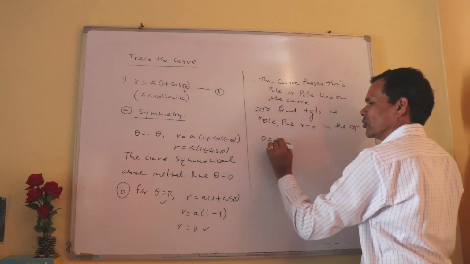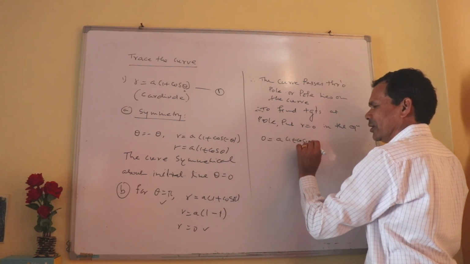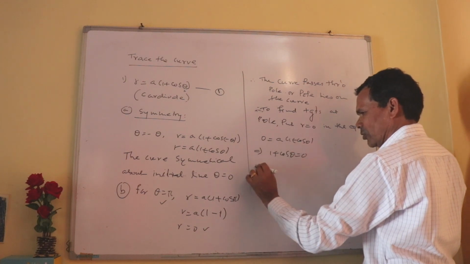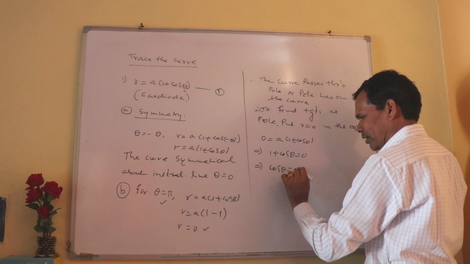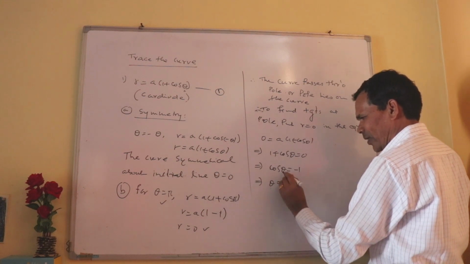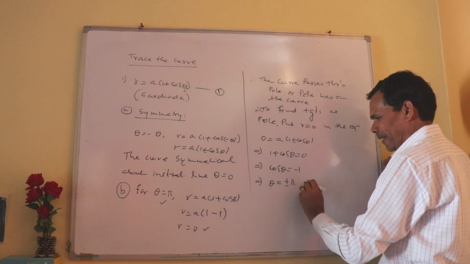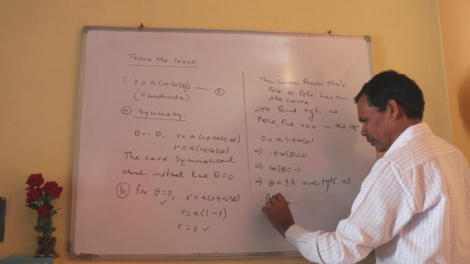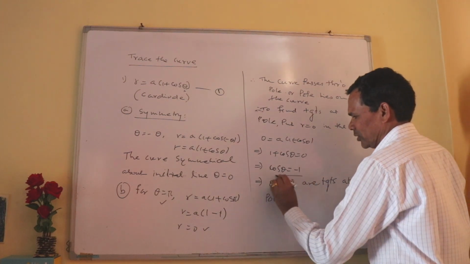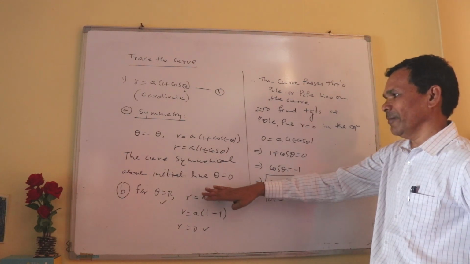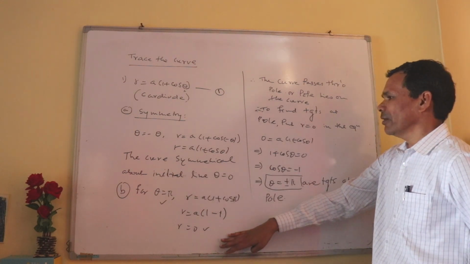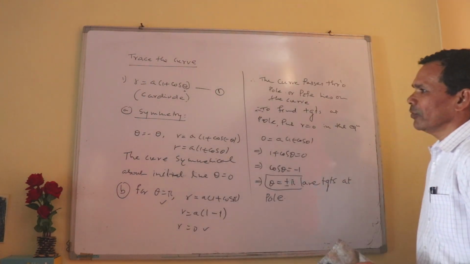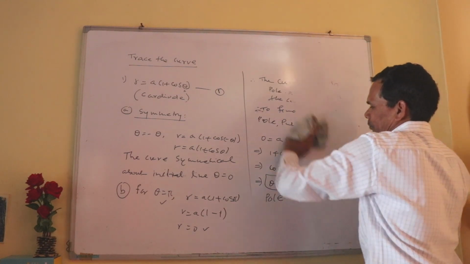So if I put r is equal to 0, then a(1 plus cos theta) is 0, and since a is not equal to 0, 1 plus cos theta is equal to 0, so cos theta is equal to minus 1, so theta is equal to plus or minus pi. These are the tangents at the pole, and the curve is symmetrical about the initial line, and for theta is equal to pi, r is equal to 0. So the next point, we prepare a table for the values of r and theta.